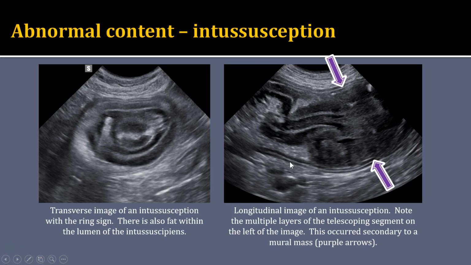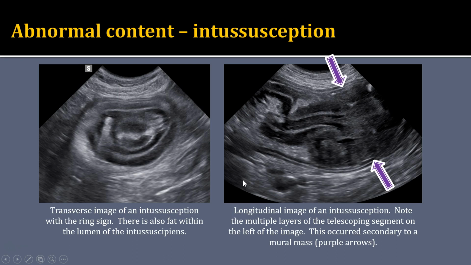In transverse in this patient, we can see the intussusceptum here actually has an associated mural mass that is hypoechoic and heterogeneous. Here is the outer intestinal segment that has a thin wall, and then there's some fluid and probably some fat being trapped in there as well.